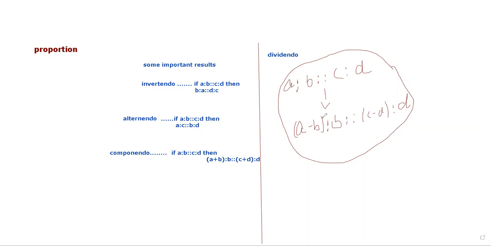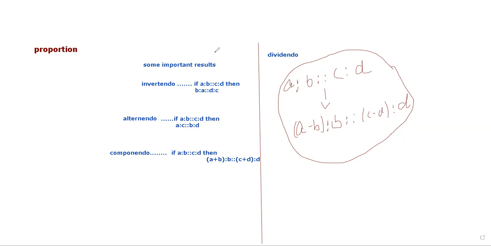You can also write it as: if you subtract A and B, then you take the ratio with B, then proportion, that is equality, then C minus D, ratio with D. The result will be the same in both cases. That's why he is supposed to do this. Clear? This is all about dividendo.